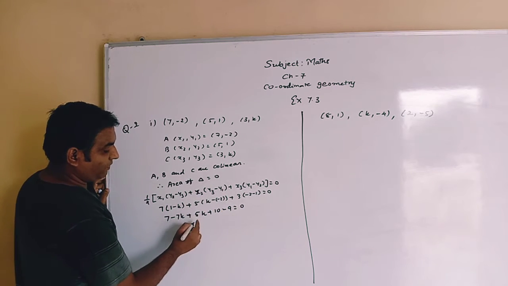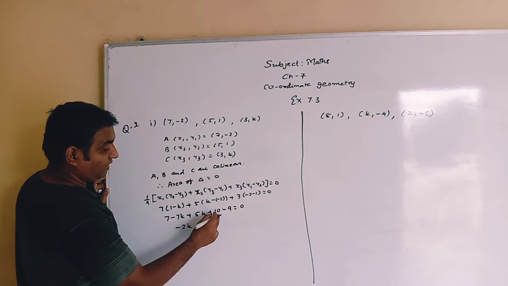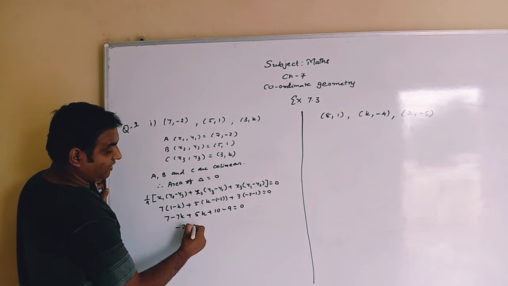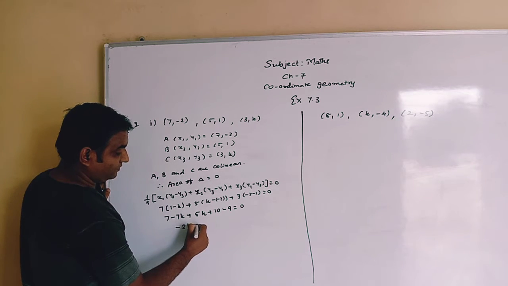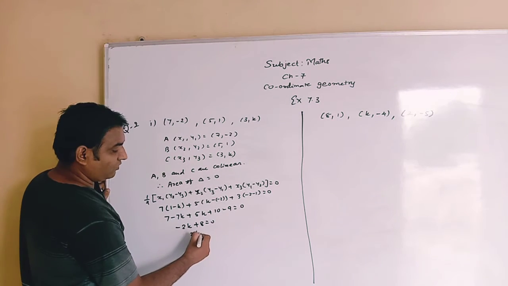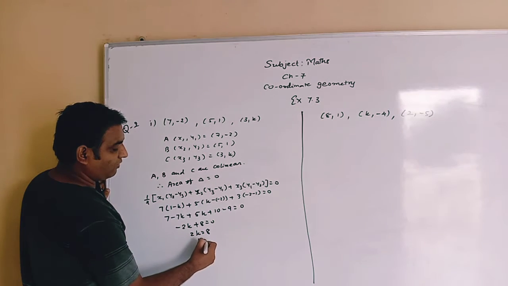So minus 7k plus 5k is minus 2k, and 7 plus 10 is 17, 17 minus 9 is 8, and so 2k equals 8, so k equals 4.